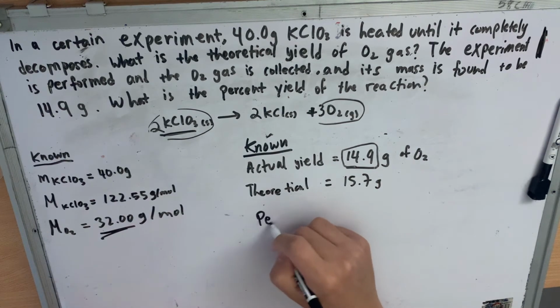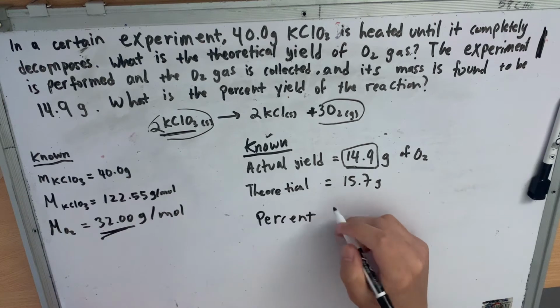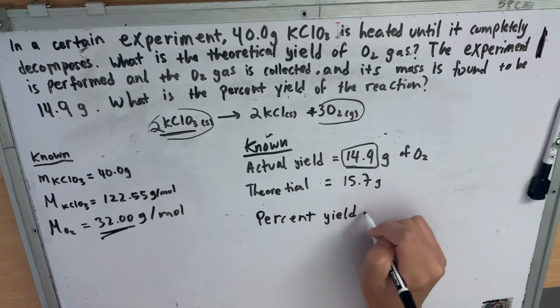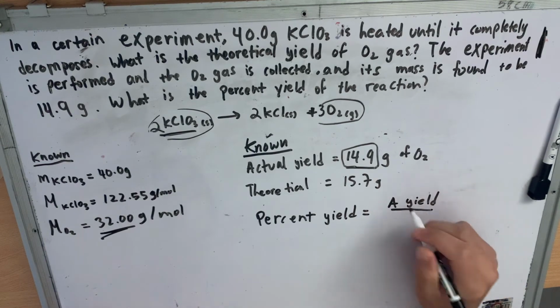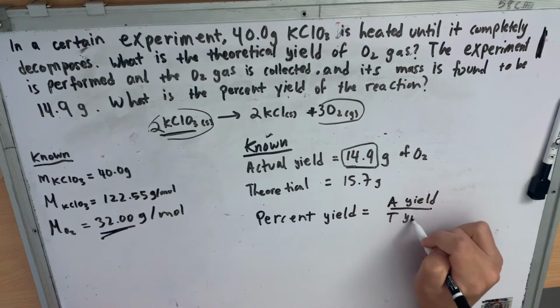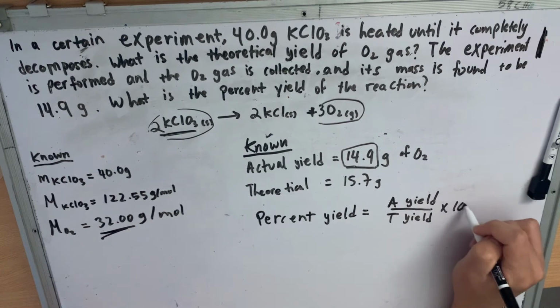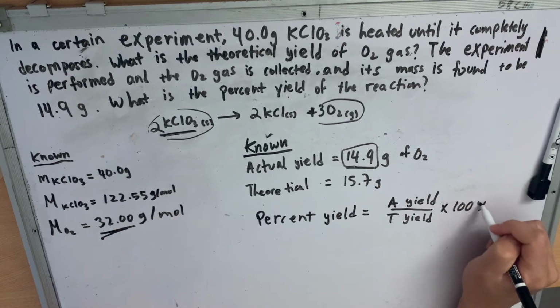Then percent yield, as we know, the equation is actual yield over theoretical yield times 100 to compensate for that percent.